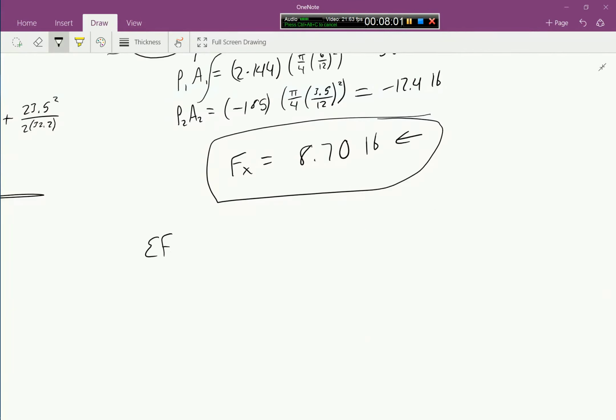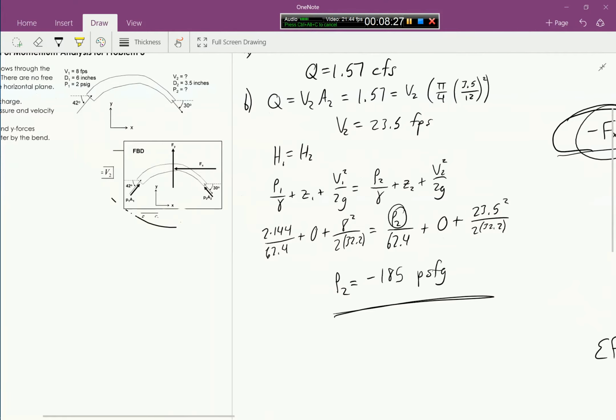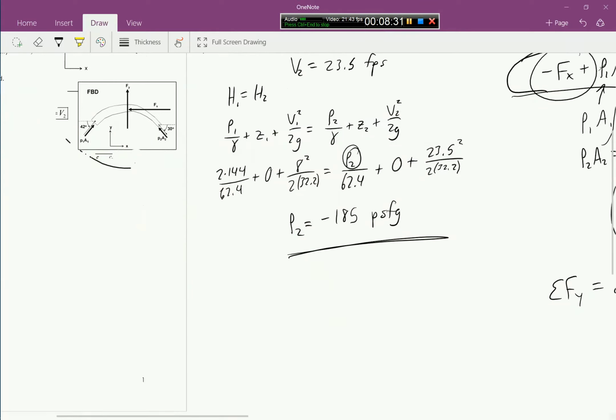We have the sum of the forces in the y direction equals the sum of the m dot y out times v y out minus the sum of the m dot y in times v y in, and we just use the free body diagram to find out what values we need for the sum of the forces.